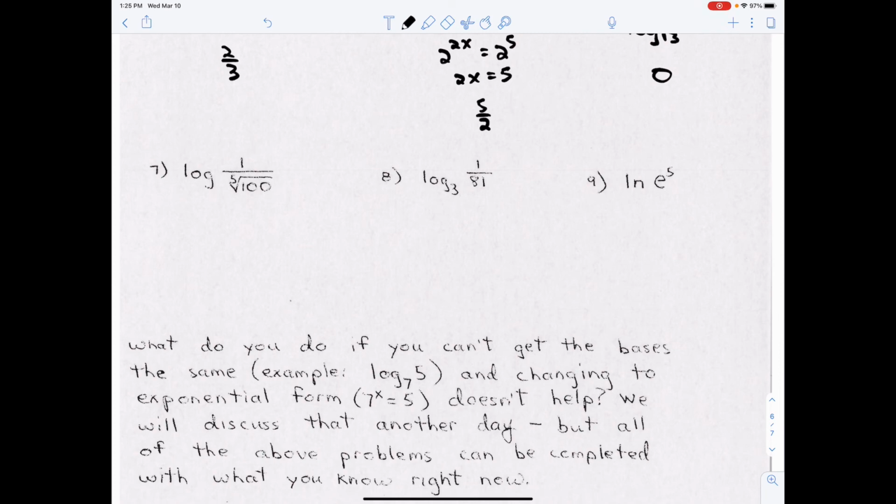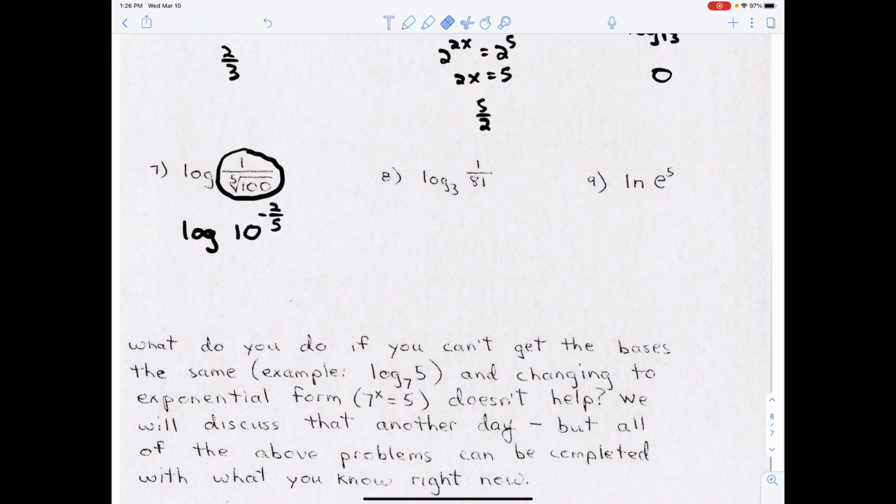Okay, we want to write this as a base 10 because it's a log. All right, well, 100 is 10 squared. So this would be 10 to the negative 2/5 power. Now, how did that happen? The negative is because it's in the denominator and we want to put it in the numerator. The 2/5 comes from changing it from the 5th root of 10 squared to 10 to the 2/5 power.